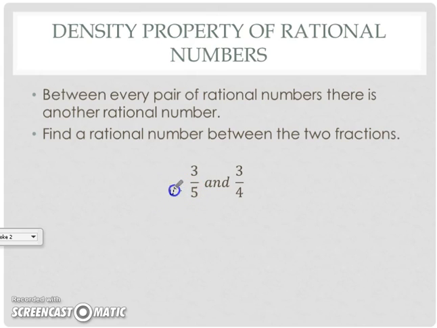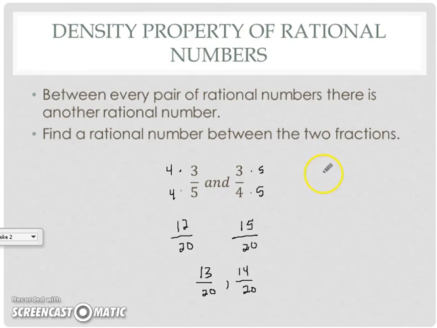So that means I'm multiplying this fraction by 4 to get 12/20ths. And then this fraction by 5 would get me 15/20ths. So since this one has a numerator of 12 and this one has a numerator of 15, there's two possible answers. I could have 13/20ths as being between there, or I could have 14/20ths as being between those two fractions.